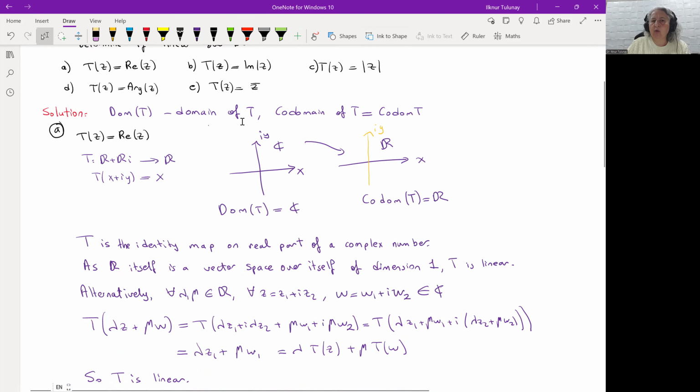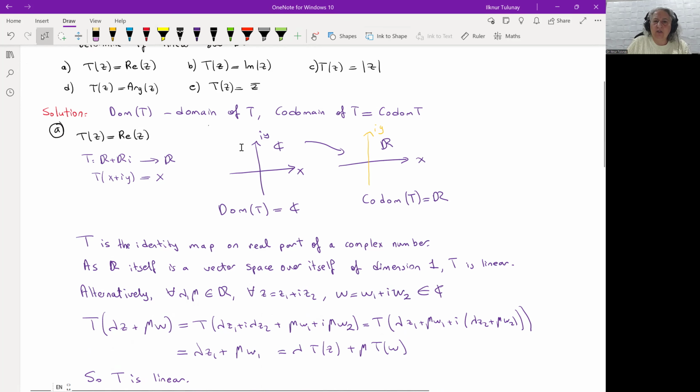The domain I'm going to show as dom T, and the codomain as codom T. This is the notation we usually use. Some people may use different notations depending on the person, but dom and codom is a good enough notation.